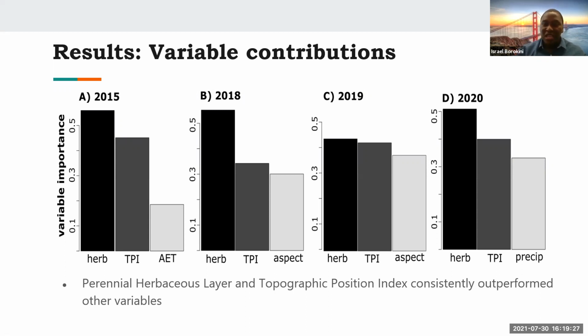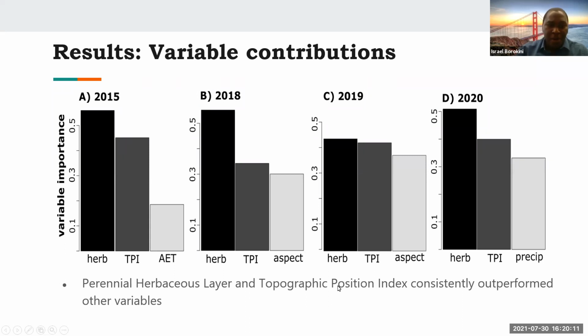The topographic position index is a neighborhood-based elevation variable, which shows how the elevation of a particular grid cell compares to neighboring cells. It is a very important variable, given that in the Great Basin Desert there is a lot of topographic complexity, which results in a lot of variation across the landscape.